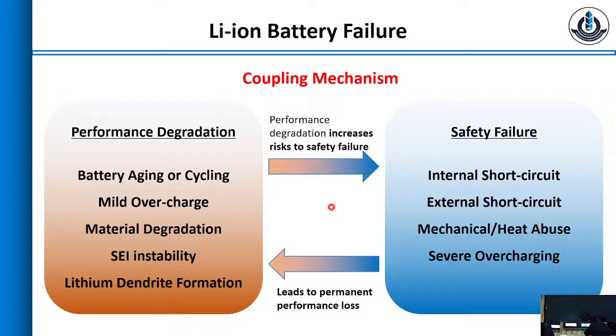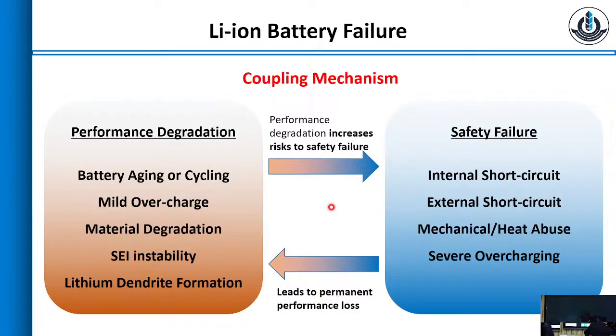Now, if the health of the battery is good, or the material quality and the build quality is very good, then your risk of safety failures is lower. So when you purchase a new battery, when it is brand new, everything is perfect. The structural stability and integrity are good. So in that case, the risk of these kinds of failures is low. But with usage, there is a degradation of the quality of the battery, and that will increase the risk of safety failures.